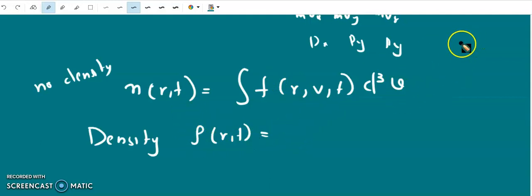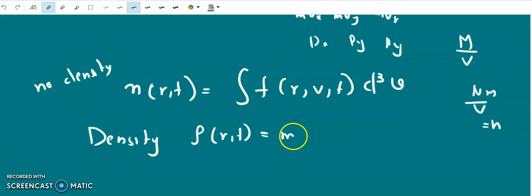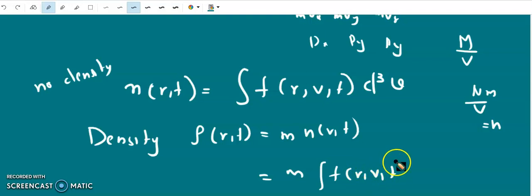The total mass density is mass by volume. The mass of a single particle is m, and n by V is the number density, so m into n of r, t. That m is the mass of a single particle. So m into the integral of f of r, v, t d cube v.